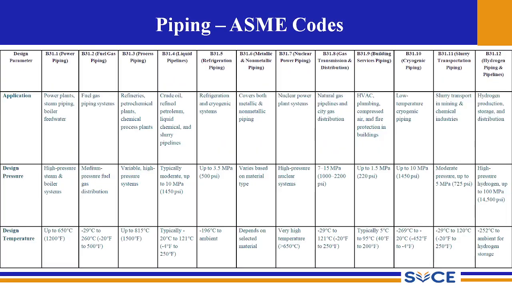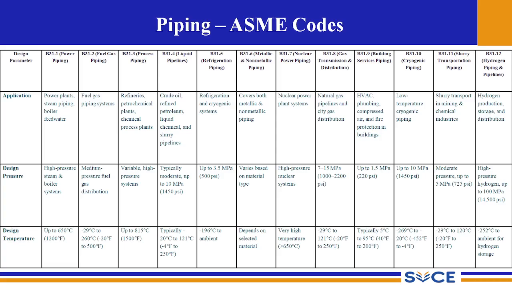So this slide is giving you comprehensive information about the various B31 series of codes given by ASME. The first column contains the design parameters: the application, design pressure, and the design temperature.